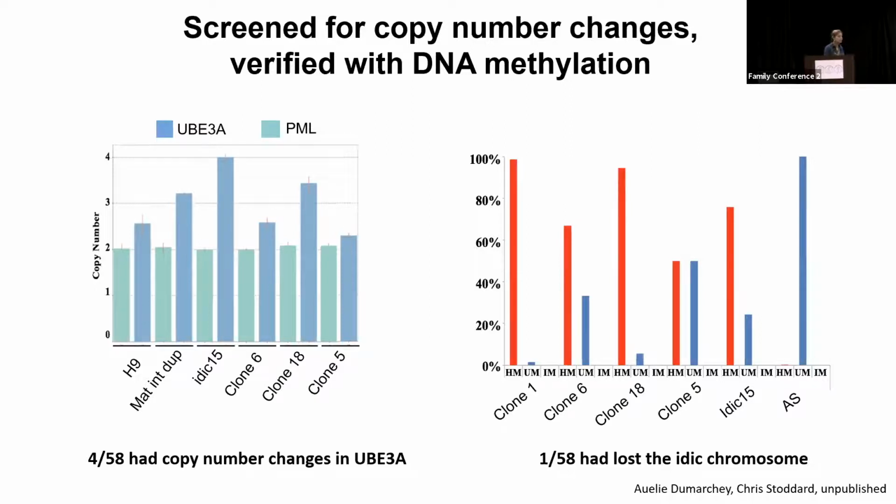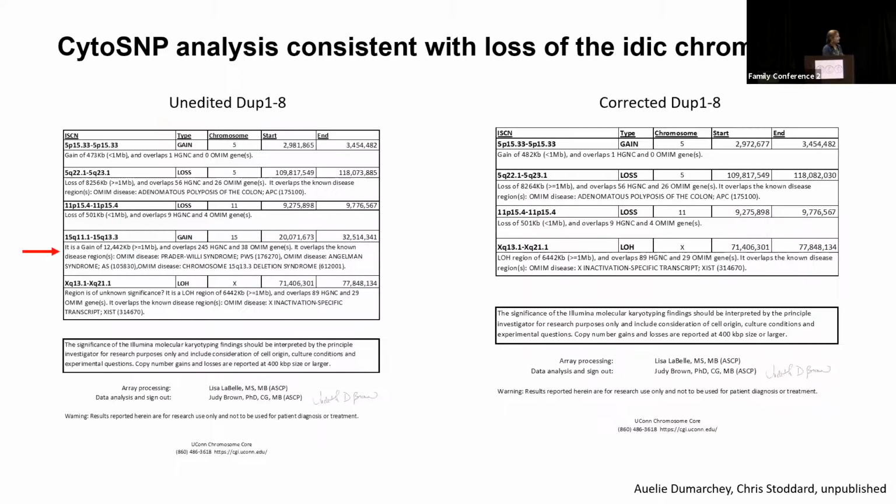So we then took clone 5 and asked a little bit further. We did a chromosomal microarray, which is again a genetic test that your kids might have gotten along the way to ask about copy number changes. And so our unedited duplication idic cell line actually has a few different copy number changes, as do most of us, right? Most of them are benign and they don't do much, but it has this 15q11 to q13 gain that they picked up.